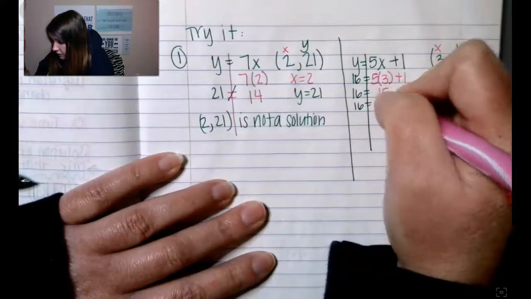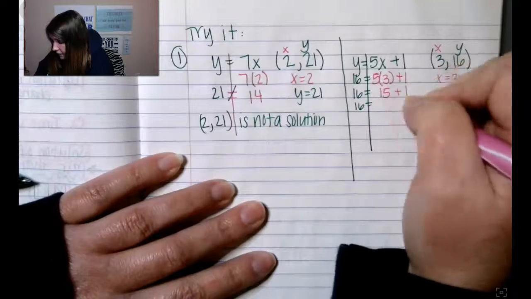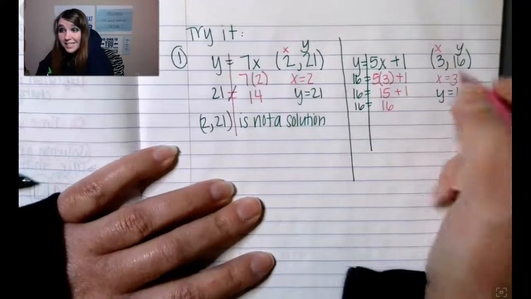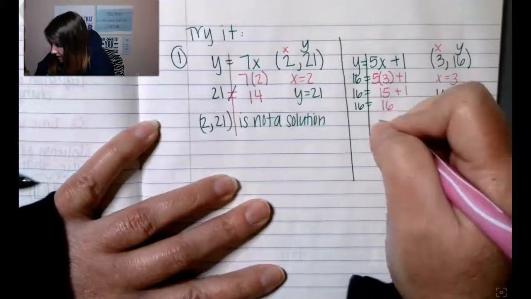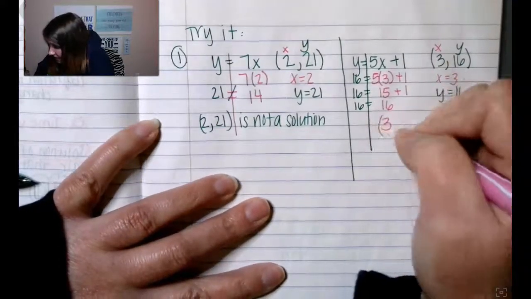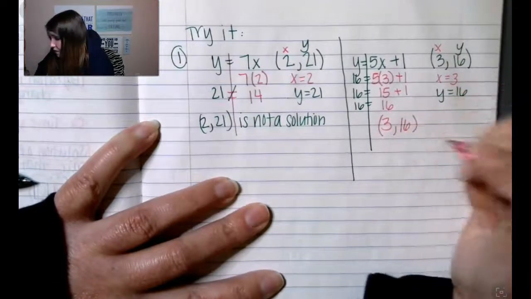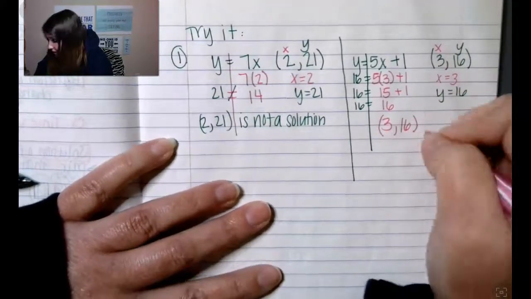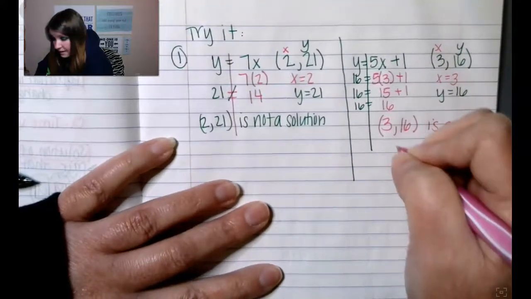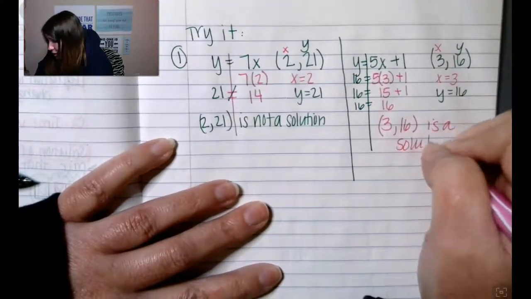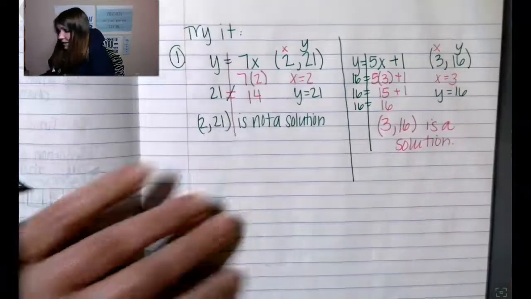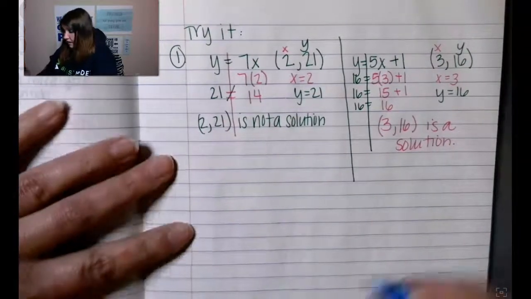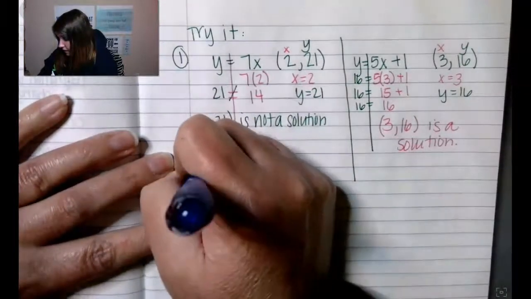I know that this is 15 plus 1, and 15 plus 1 is 16, and 16 is equal to 16, so we would say that yes, they did it. They got it. 3 comma 16, this ordered pair right here, is a solution to this equation. Woohoo! And then you would hear like all the cheering and the clapping, and I just dropped my pen again.